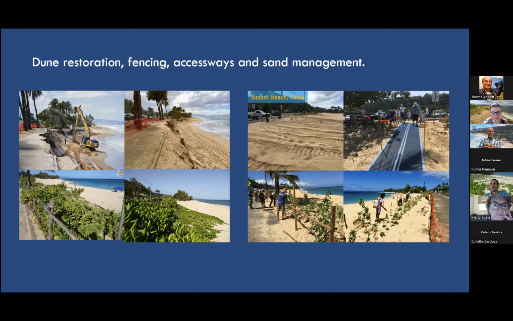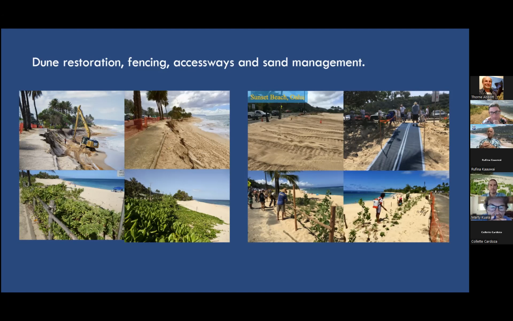One of the things I can't emphasize enough in this particular project was that the fencing was absolutely key to the success of this project. Surprisingly, we thought there would be a lot of pushback from the community about having dedicated access ways, maybe 50 to 100 feet apart. In the beginning, it was complicated.